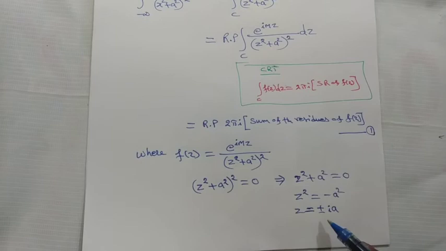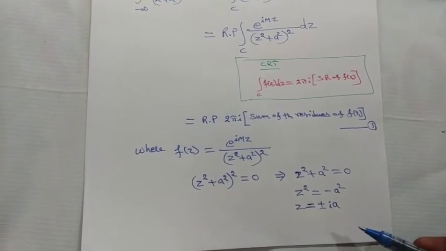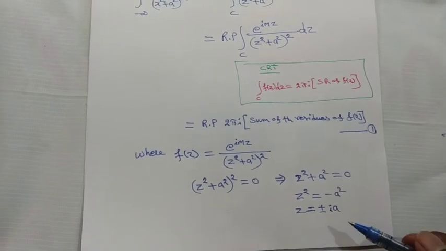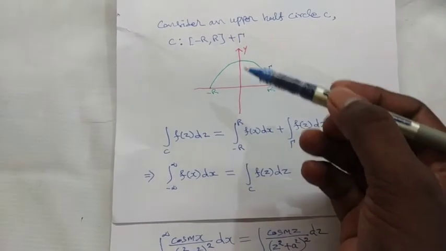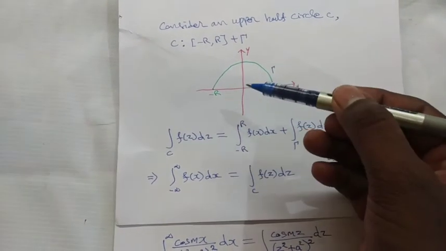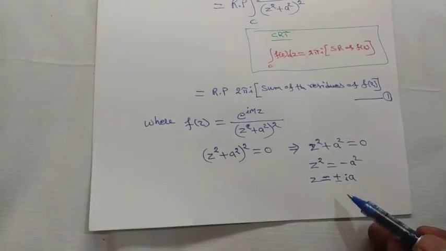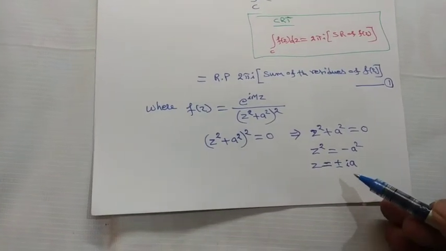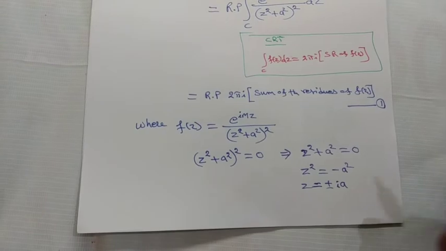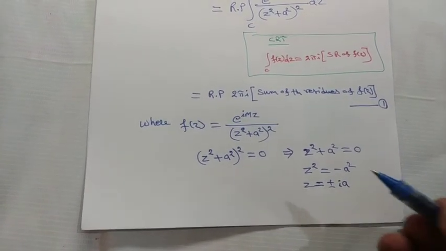Therefore ia and minus ia are poles of order 2, or double poles. From the diagram, positive imaginary values lie inside the circle C and negative imaginary values lie outside. Therefore only ia lies inside the circle C, but minus ia lies outside.